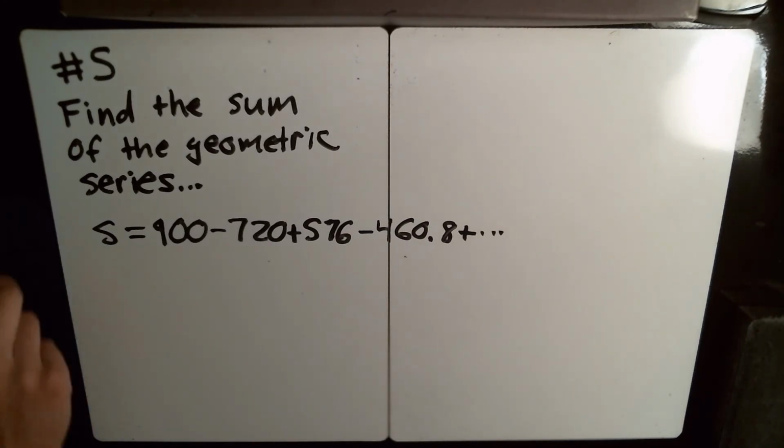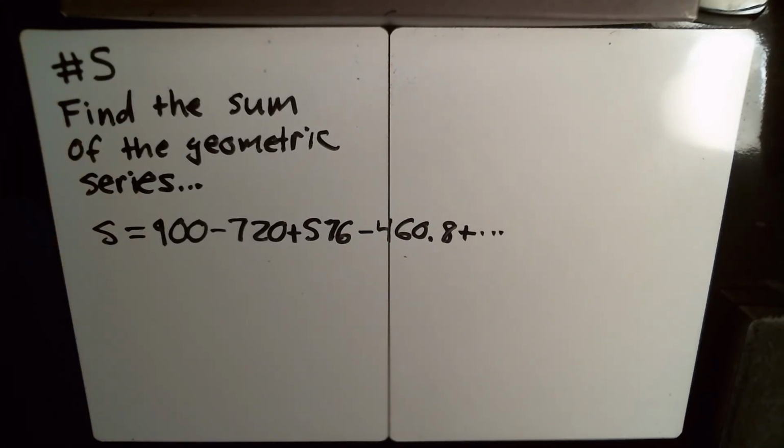Okay? And this is a geometric series, which means that you've added up infinitely many terms of a geometric sequence. We want to know, does this converge and what does it converge to?